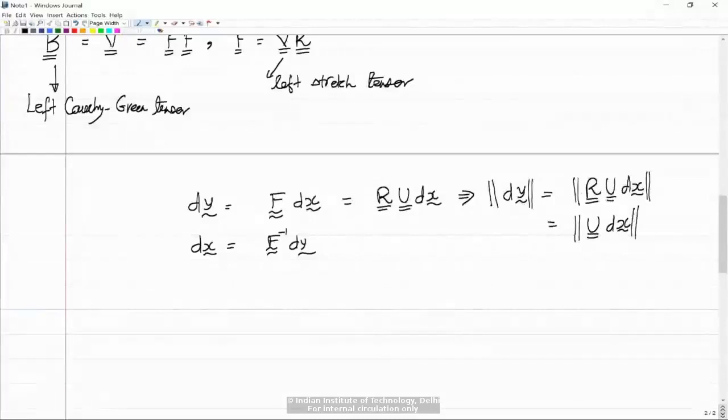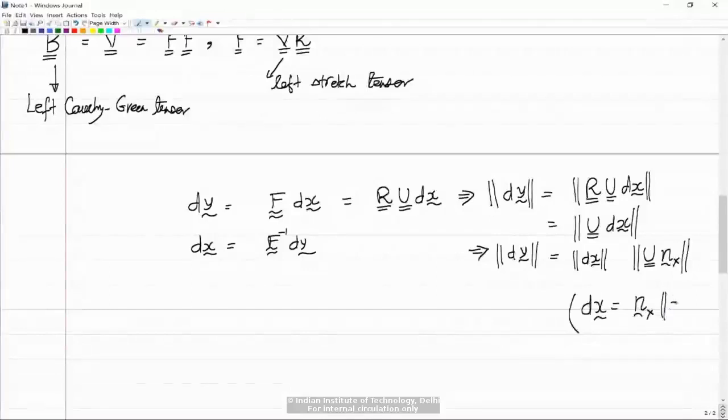And you can finally write this, the final length dy, as equal to mod dx, take dx outside, and then you write u into nx, where dx is equal to nx times mod of dx.